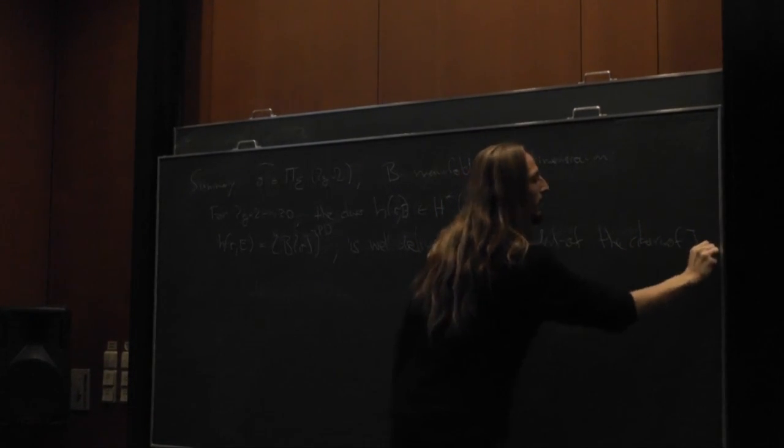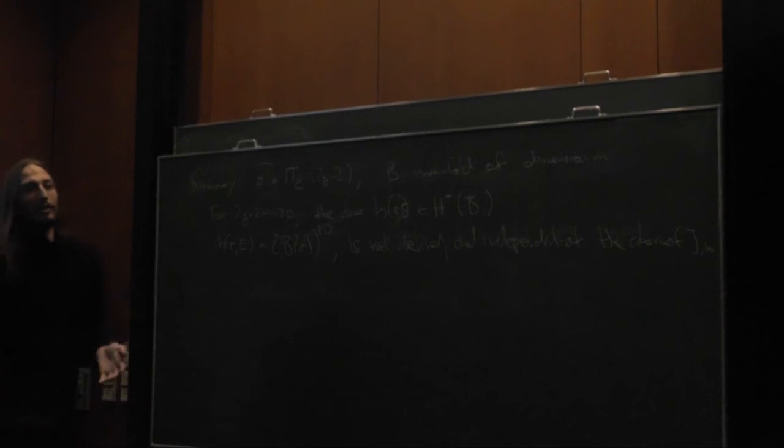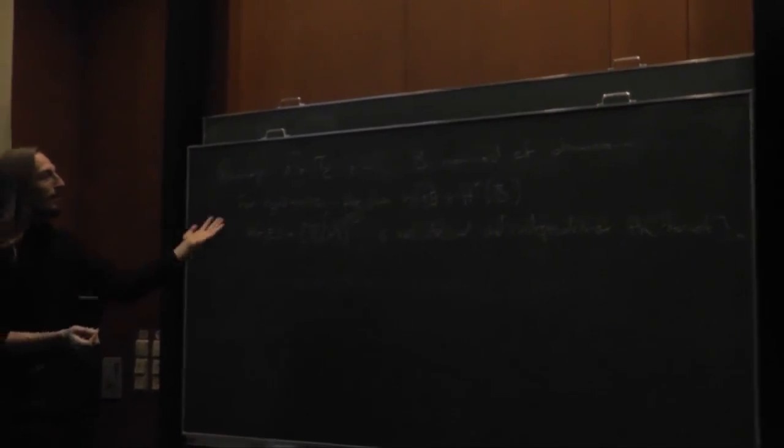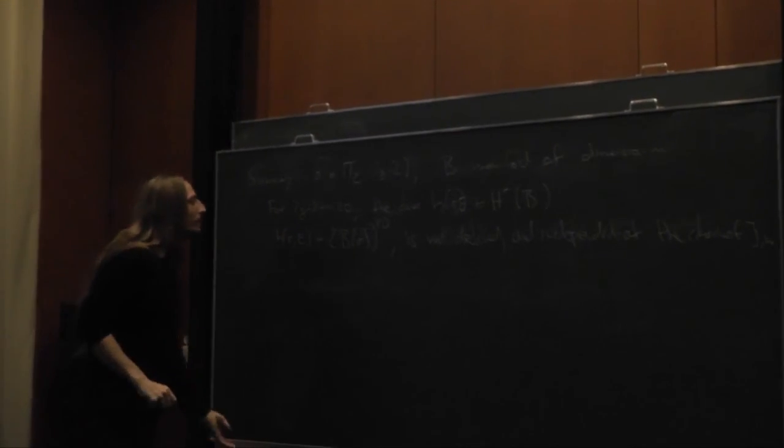Right? Because it's path connected, so if you have two, then you can just go from one to the other, and then you will see that you get a cobordism in the base.